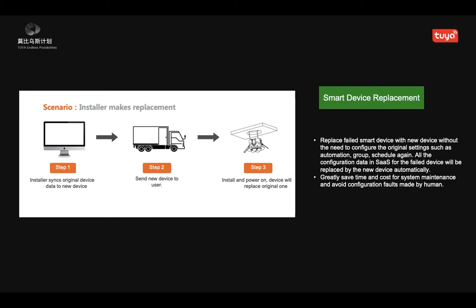Also, during the configuration procedure, mistakes can be made. With this feature, the engineers can do the replacement operation in one step, and all the configurations of the failed device will be transferred to the new device automatically. We don't need to do the configurations again. This will save a lot of maintenance time and avoid a lot of mistakes.